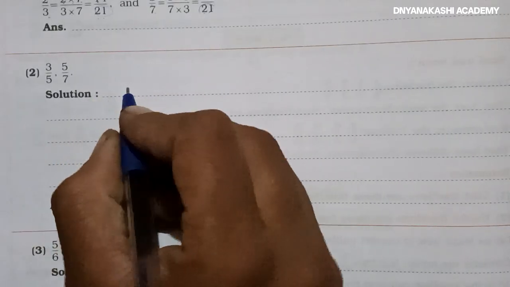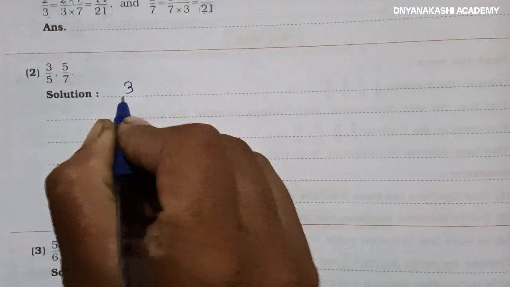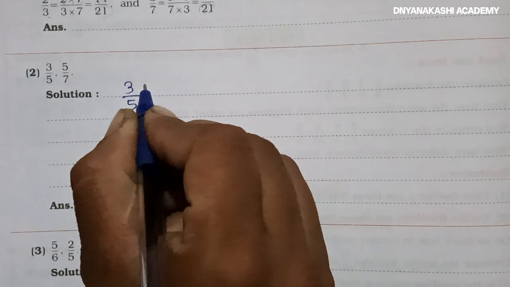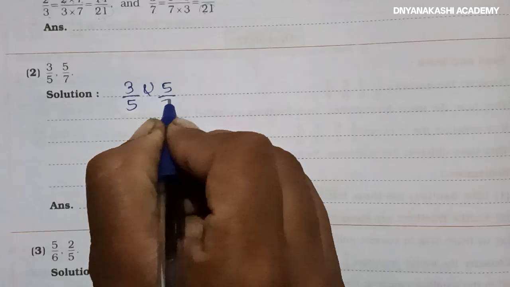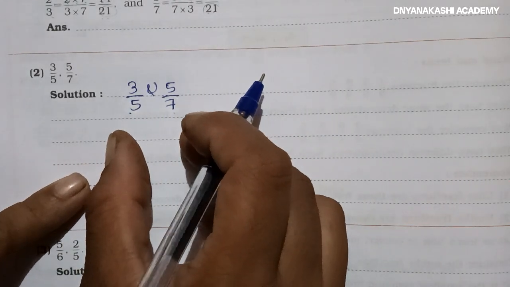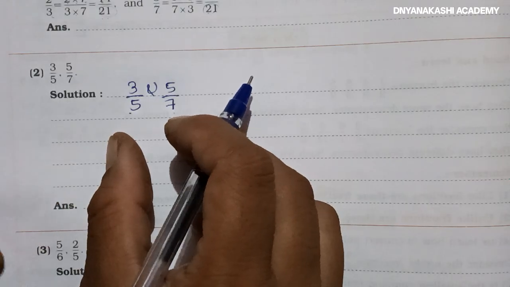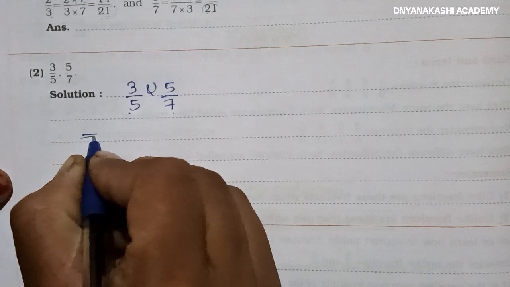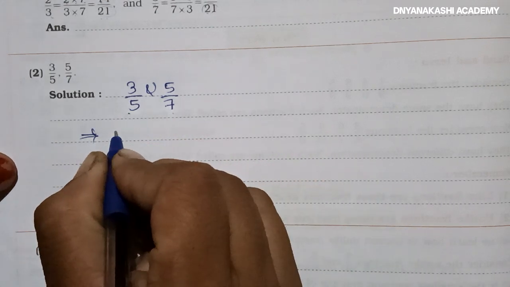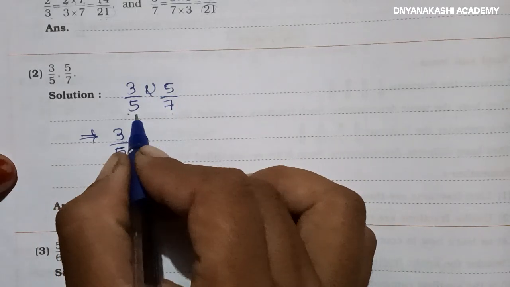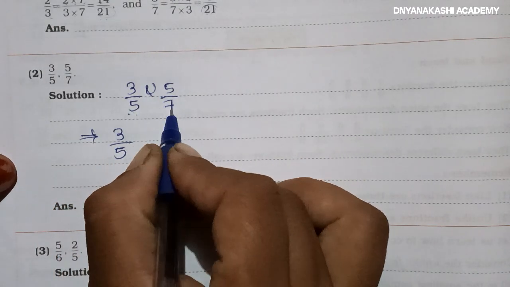Here the given fractions are 3 by 5 and 5 by 7. These two are unlike fractions. I solve in an easy way in this session how to convert unlike fractions into like fractions. First I write 3 by 5, and 5 by 7 here.